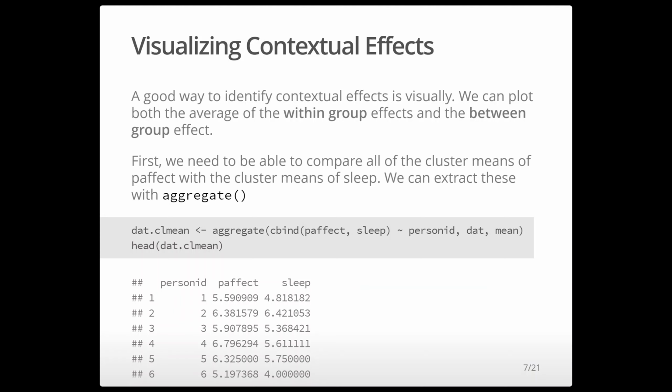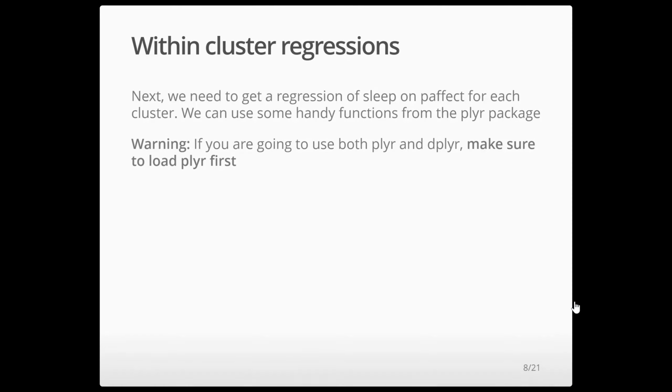So we're using this aggregate function that we looked at back when we were first going over R. I think this was in the second lab. And we're going to look at both P affect and sleep. The cbind function here is saying we want both of them. And we're going to say we want the mean at the person ID level. And that gives us this table here where we have the mean of positive affect and sleep for each cluster, or in this case, person ID.